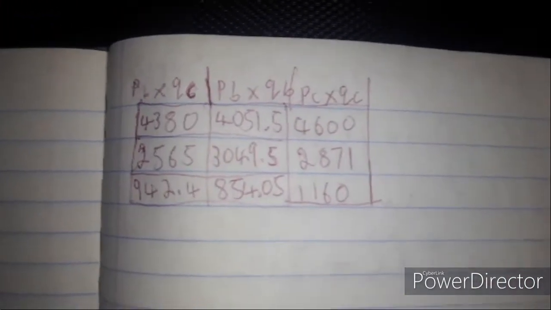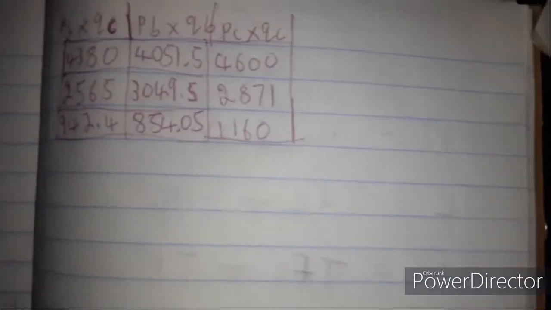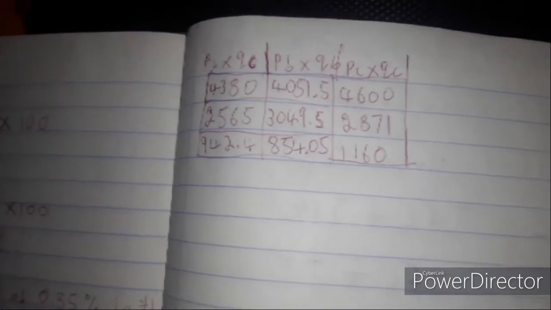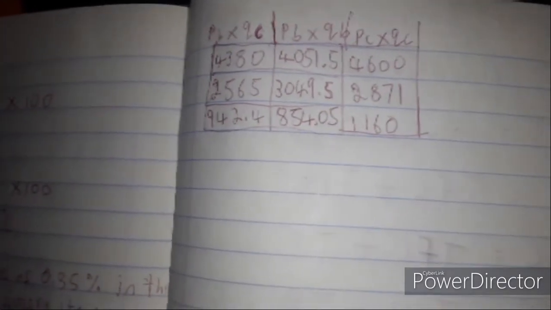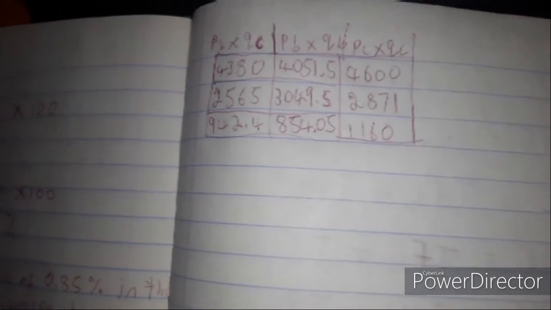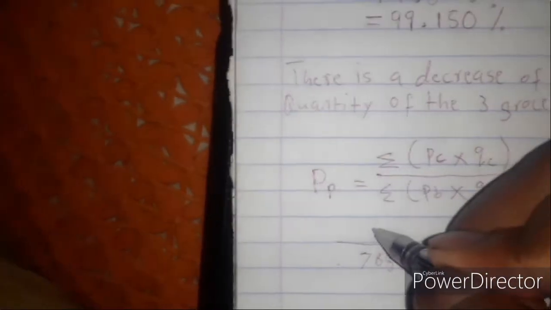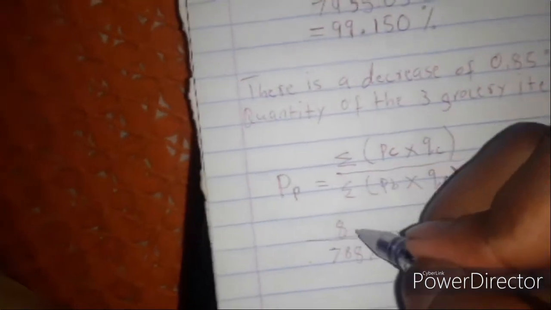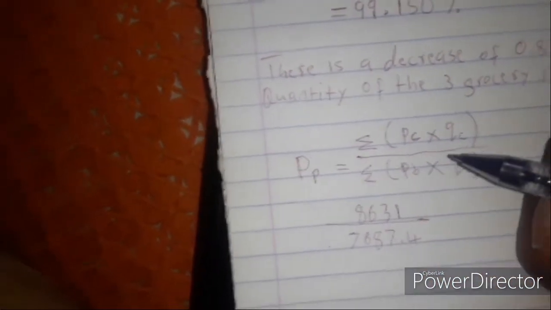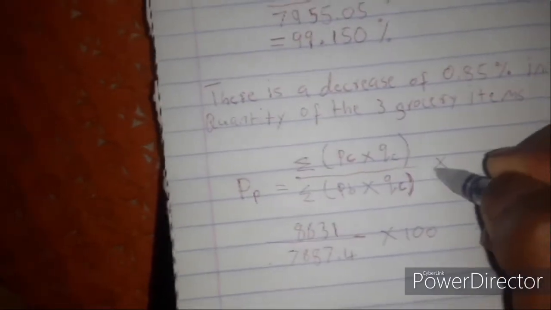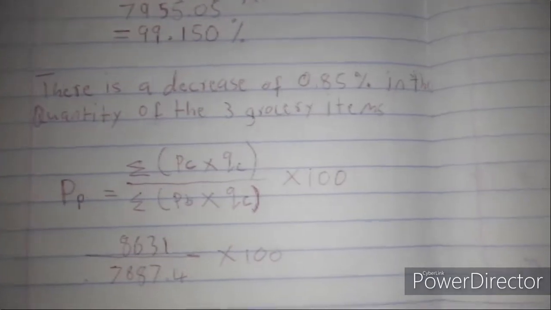So we want the sum. I'm going to sum the figures. 4,600 plus 2,871 plus 1,160 is equal to 8,631. So PC times QC is 8,631 times 100, always times by 100.